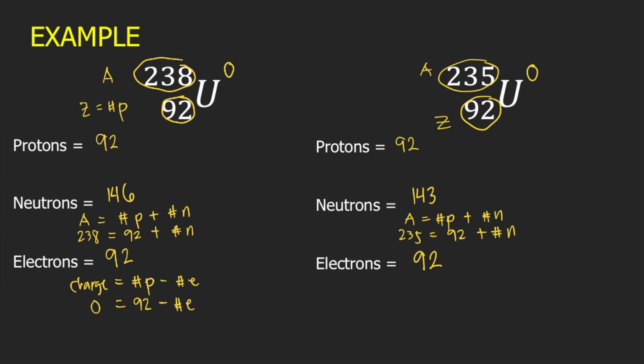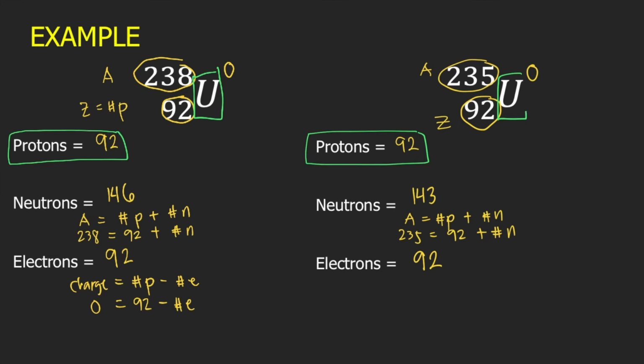Now, what do you notice about these two notations? As you can see, both of them have the same number of protons. They're both 92. Of course, because they are of the same element.